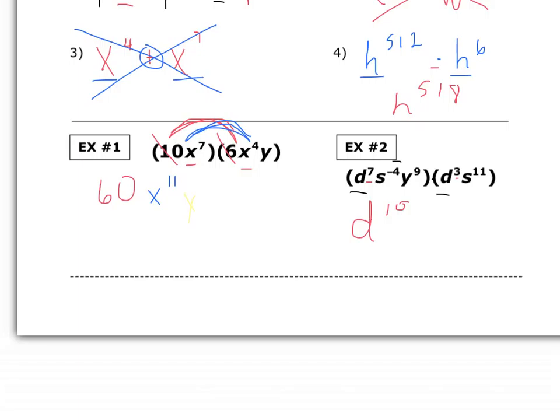We have s to the minus 4, we have s to the 11th. Minus 4 plus 11 would give us 7, of course. Okay, so we got d to the 10th, s to the 7th. And we just got a y to the 9th that we can tack on the end there. Let's do a different color. Okay, so our final solution would be d to the 10th, s to the 7th, and y to the 9th.